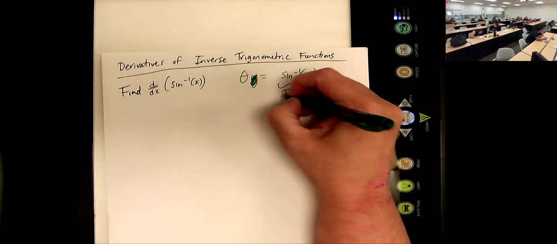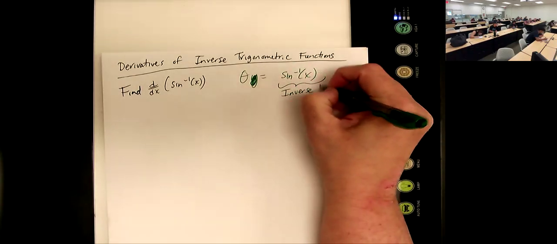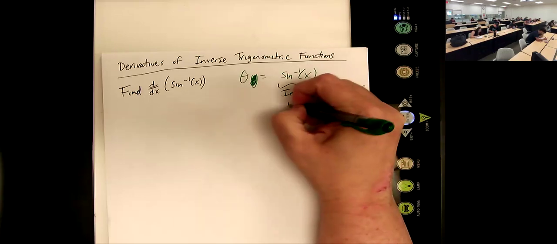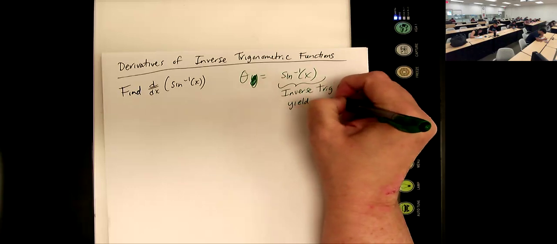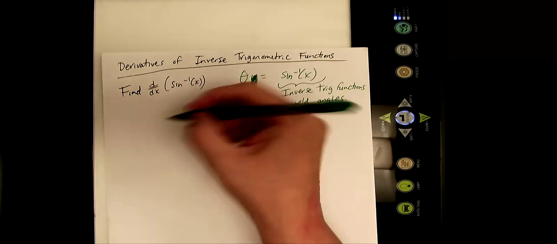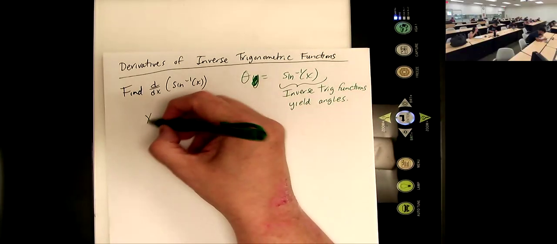Inverse trig functions yield angles. So we associate theta with angle from trig a lot, so let's just use that. So this is like saying x equals sine theta.